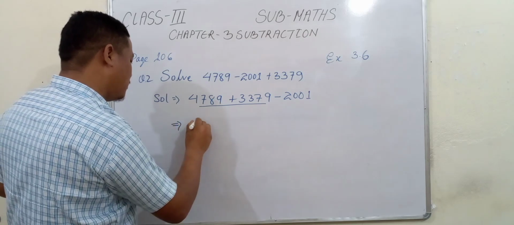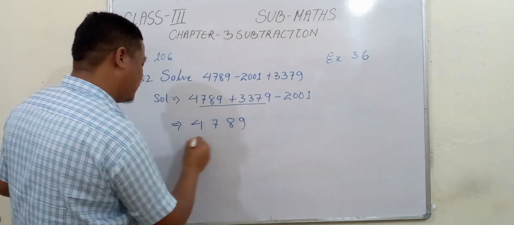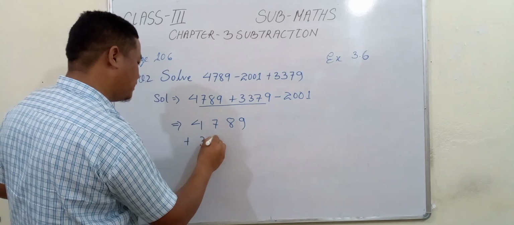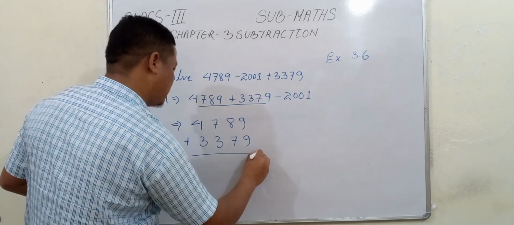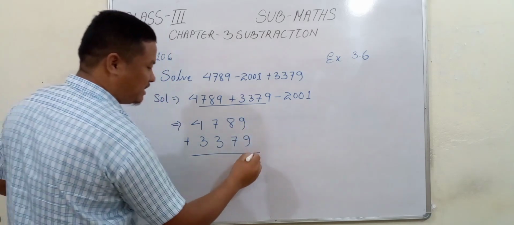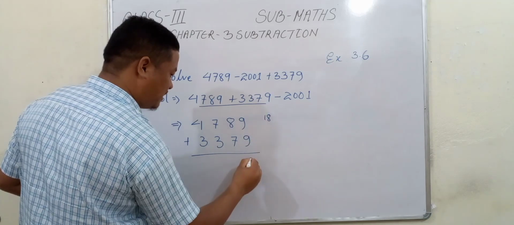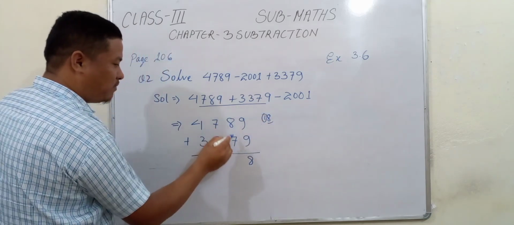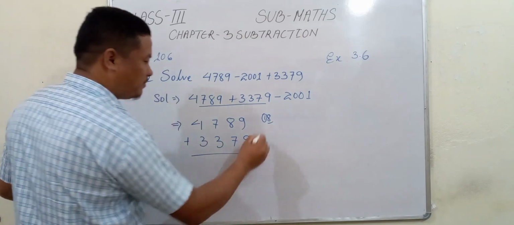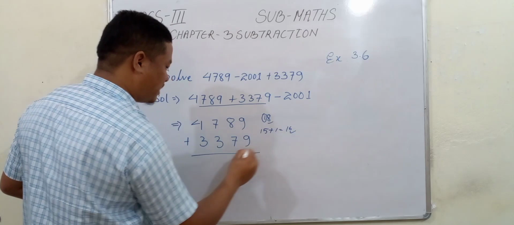So 4789 plus 3379. 9 plus 9, 18. 8 here, and 1 is remainder. 8 plus 7, 15. 15 plus remainder 1, 16. 6 will write here.